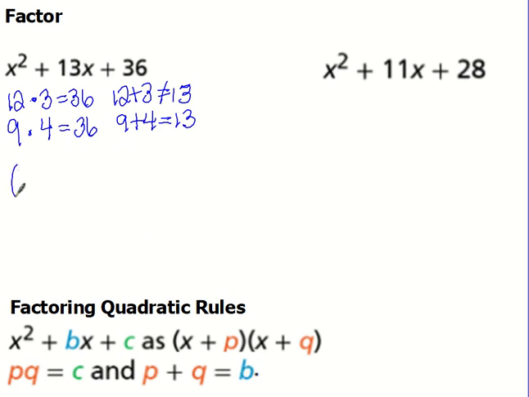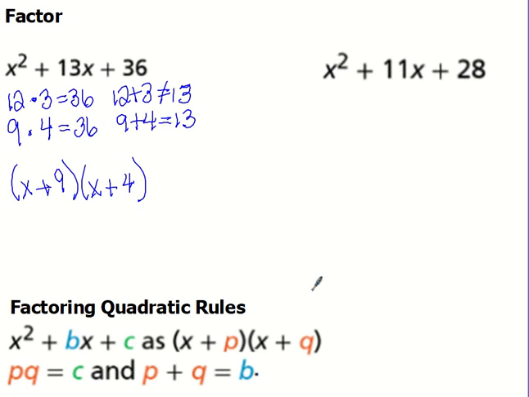So I can go x plus 9, x plus 4. I know they're both positive because these are both positive. That's how I can use this to quickly factor. It's not just pulling out a common term like we did last time. I don't have anything in common, so we factor slightly differently.